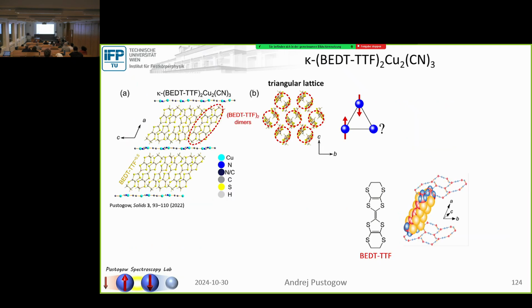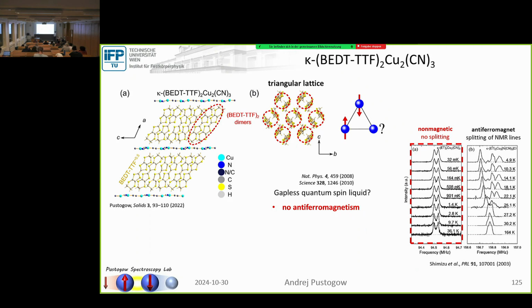Yeah, and there are some organics which look like this. So organic conductors like this one have a triangular lattice of these molecular dimers, and this looks exactly like a triangle. And indeed, this material does not show any change of the magnetic properties, whereas a square lattice material shows a splitting of the NMR peaks.